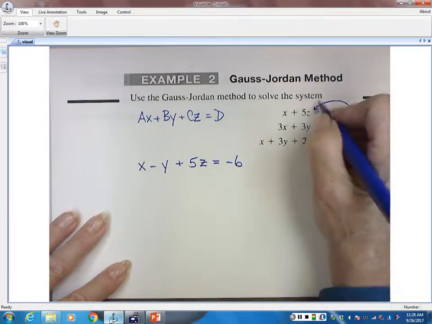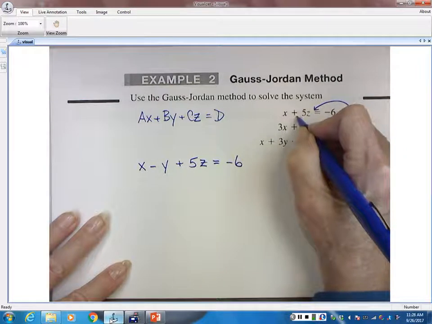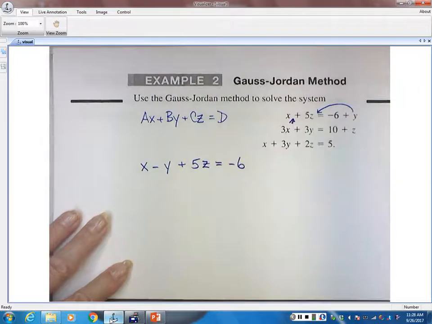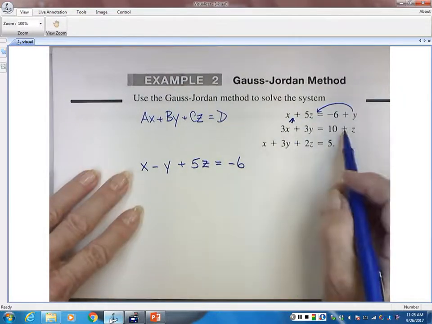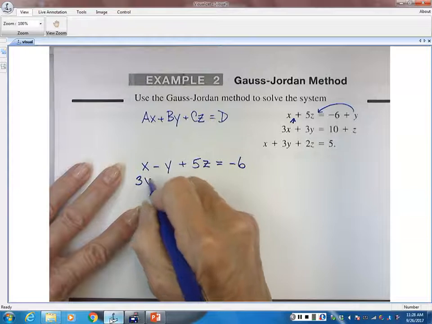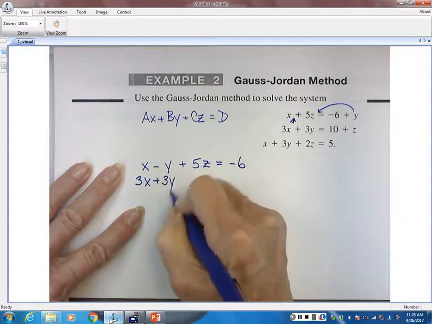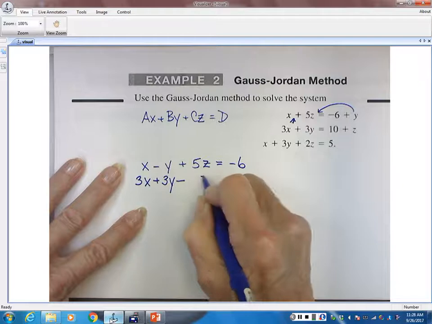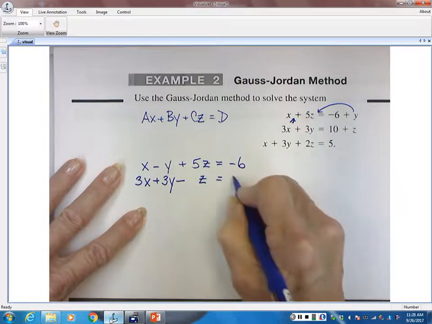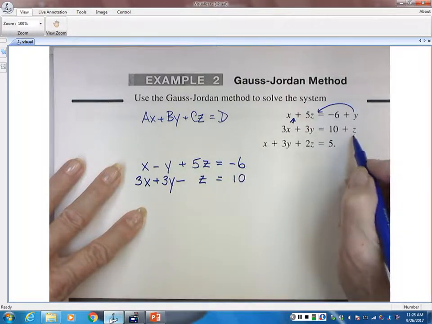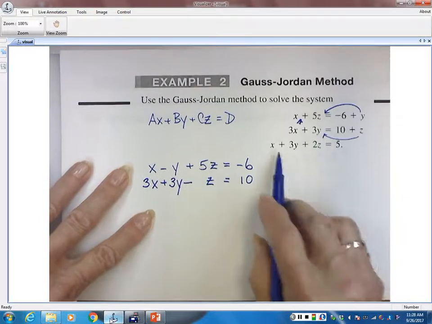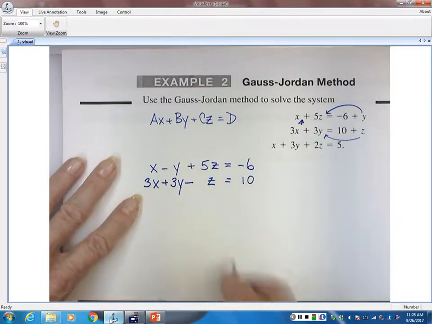And logically, where it needs to go is right there, because it's always X, Y, Z. And then I need to do the same thing with this one. So I need Z over here with its variable friends. The last one is actually already in the proper order.